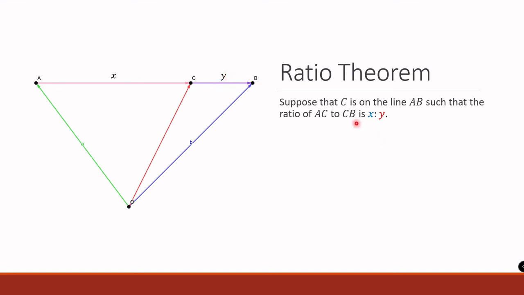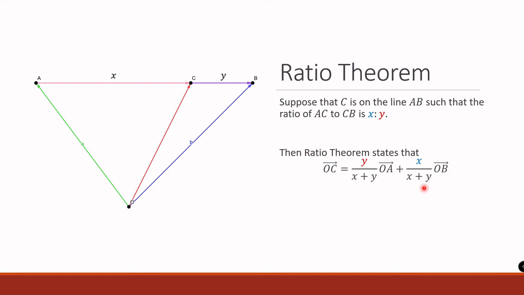In this case, let's call it X is to Y, the length ratio. Then according to the theorem, the position vector OC equals this formula: Y over X plus Y times OA, plus X over X plus Y times OB.